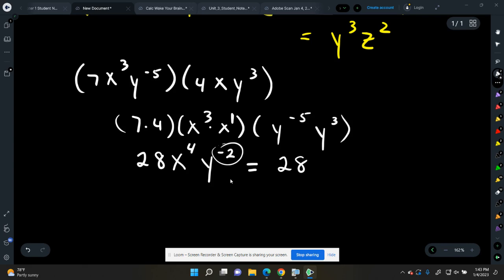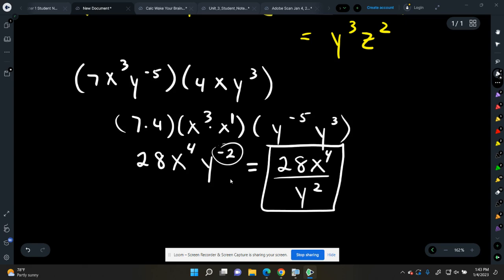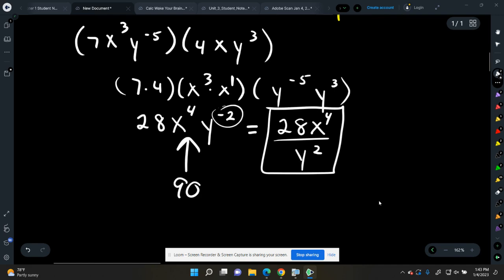So we move the negative down to the bottom. And that's the correct answer. If you left it like this, I gave you a 90. If you switched them, somebody had y to the 2nd over 28x to the 4th, I gave you an 80. And it got lower and lower from there.